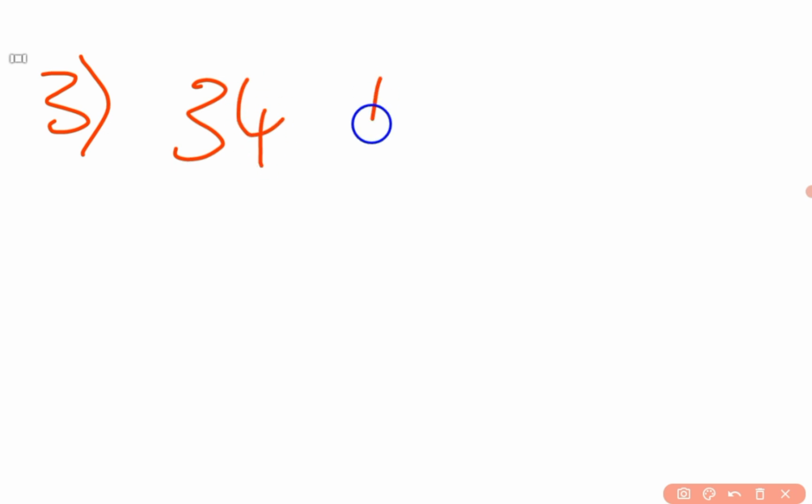Now example 3. What will happen when you have a bigger number? Please, I would like you to pay attention here. When you have a bigger number like 34 plus 53, this time around, I will want you to first of all put the place value. In our last class, we were looking at place value of numbers.